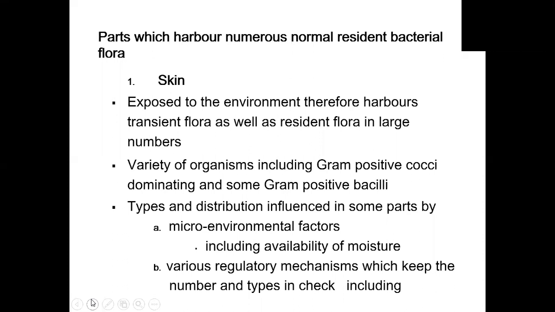It also harbors transient flora because it's a part that gets into contact with the environment. And on the skin, there are many organisms that can be found, quite a variety. Gram-positive cocci are the dominating ones, and some gram-positive bacilli as well, but not as many as the gram-positive cocci.